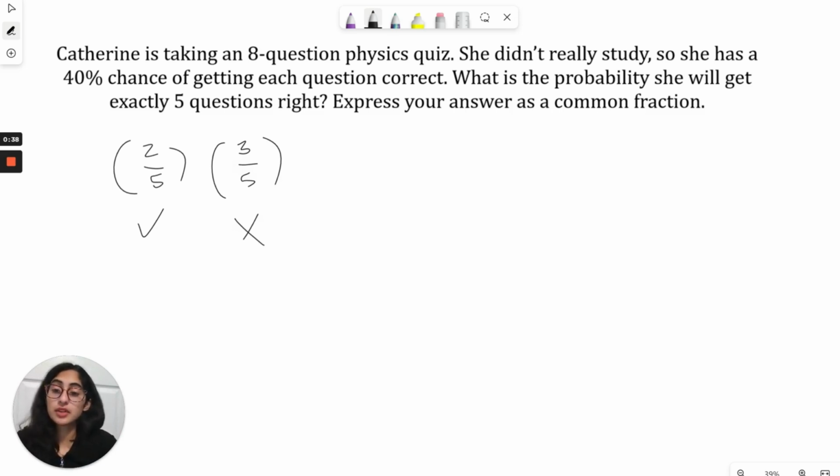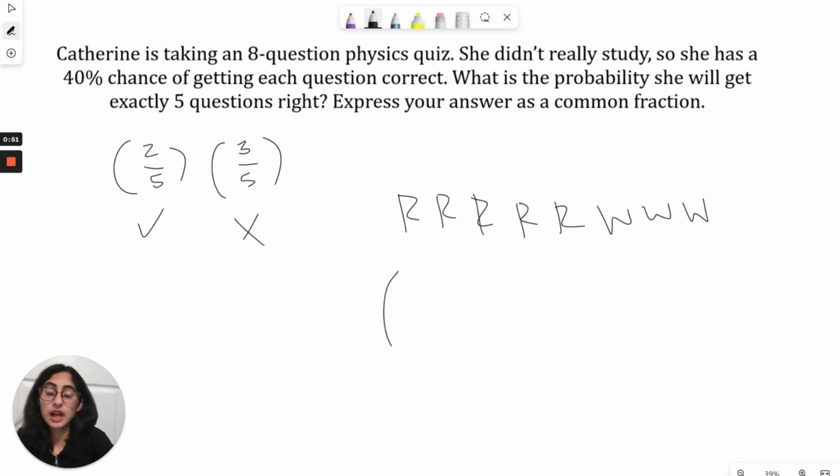So the probability of getting, in this specific order, 5 rights and then 3 wrongs: for every right, you'd be multiplying by 2/5, because that's your chance of getting that question right. So it would be 2/5 times 2/5 times 2/5, 5 times.